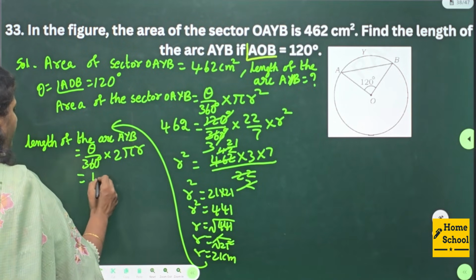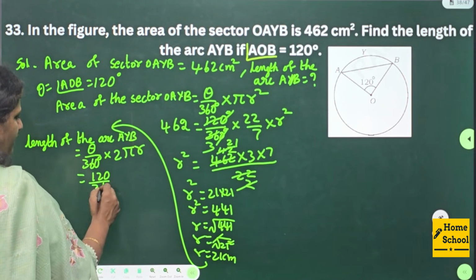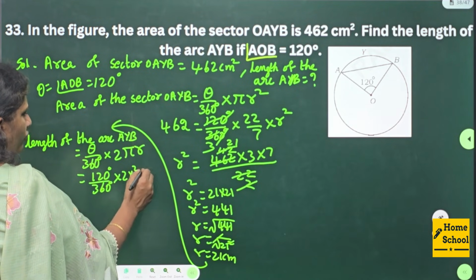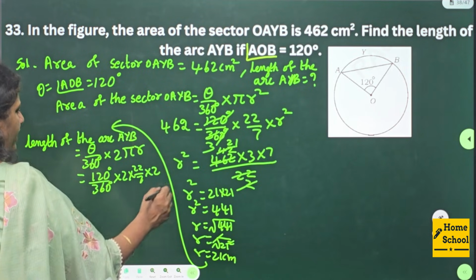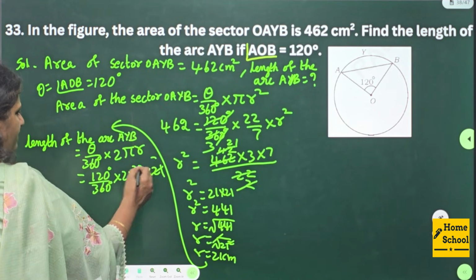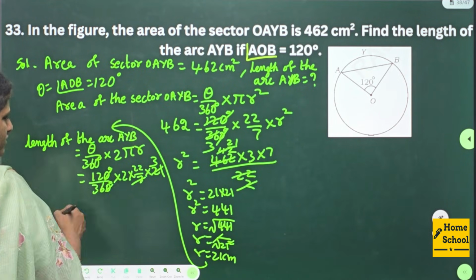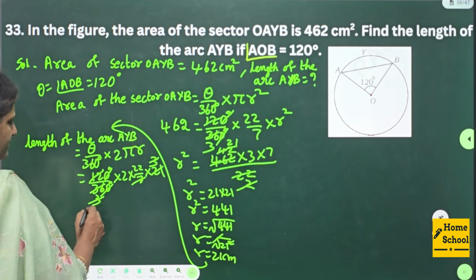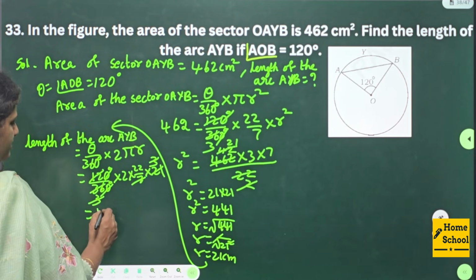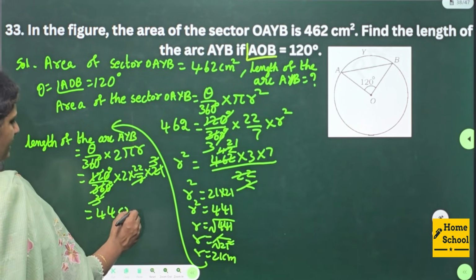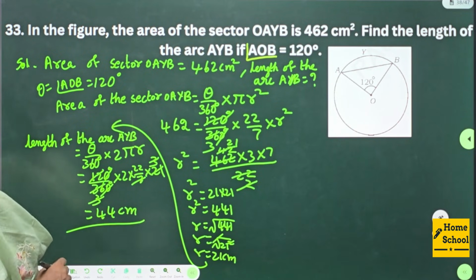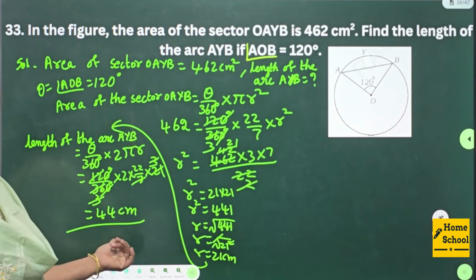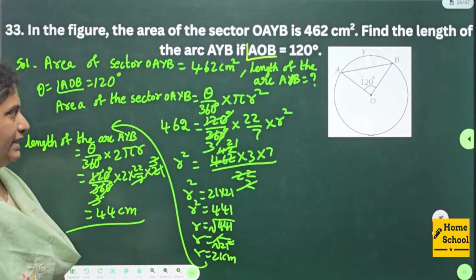Theta 120 by 360 degrees into 2 into 22 by 7 into radius 21. 7 3s are 21. 0 0 cancel. 12 3s are this 3 cancel. 2 22s it is 44 centimeters. We need to find the radius and also the length of the arc. Length of the arc is 44 centimeters.